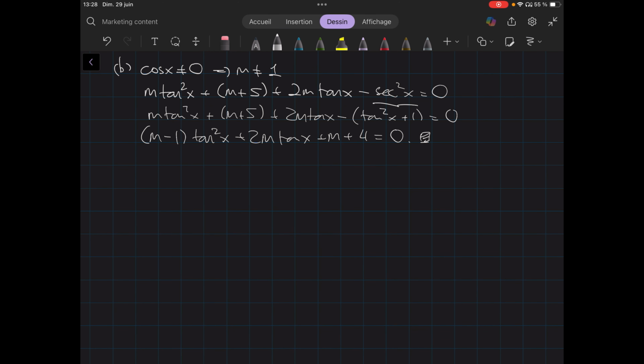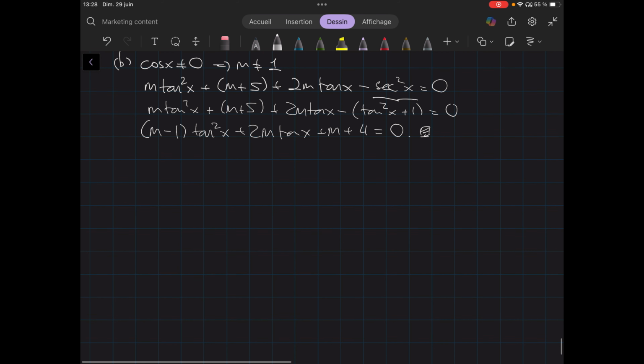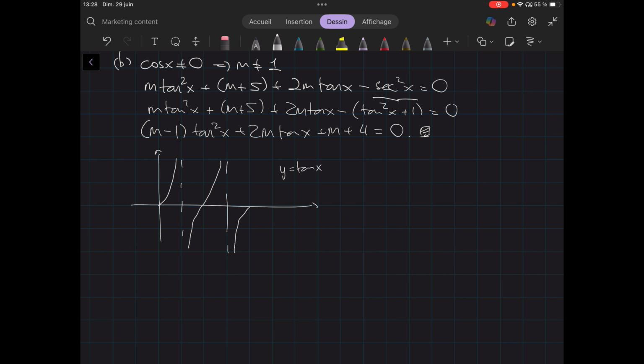Now we have to find the values of m so that the equation has 4 distinct real roots for x between 0 and 2 pi. So, a quick recap. 2 pi radians means that you have 2 complete cycles of the function y equals tan of x. We need 4 distinct real roots. That means, let's say you have one root up here, another root over there, you will have 4 real roots in total.